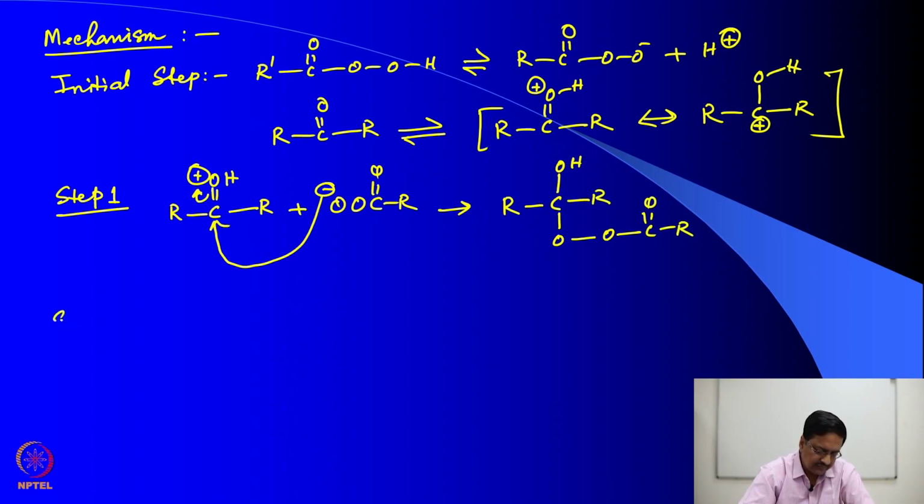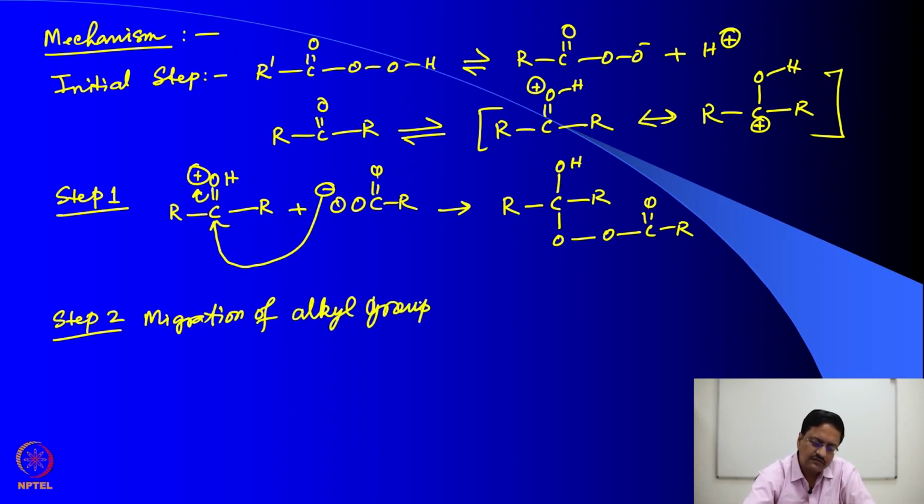So, second step is the migration of alkyl group. Once again, if this double bond forms back, this group moves from carbon to oxygen, and this OO bond, that is the peroxy bond, breaks.